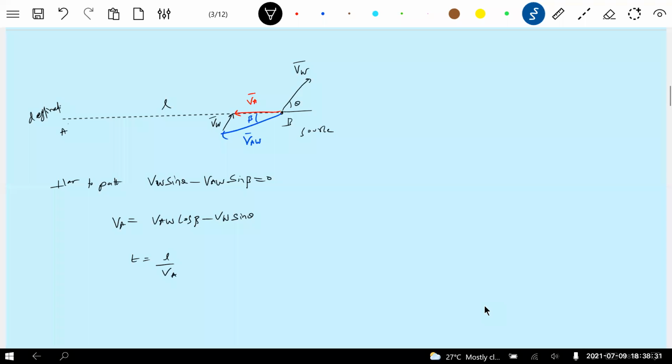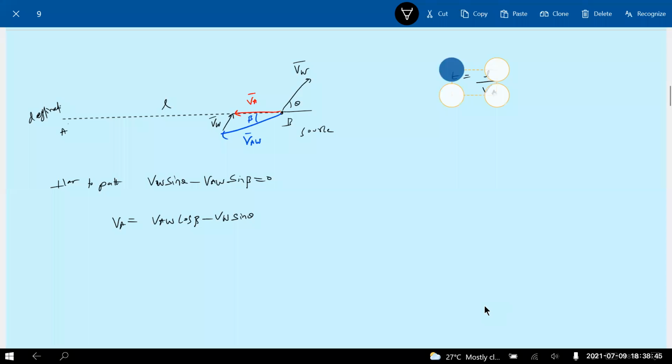So this will be the method of working the problem. We'll solve it. So this will be 1 minus sine square beta, VW sine theta.